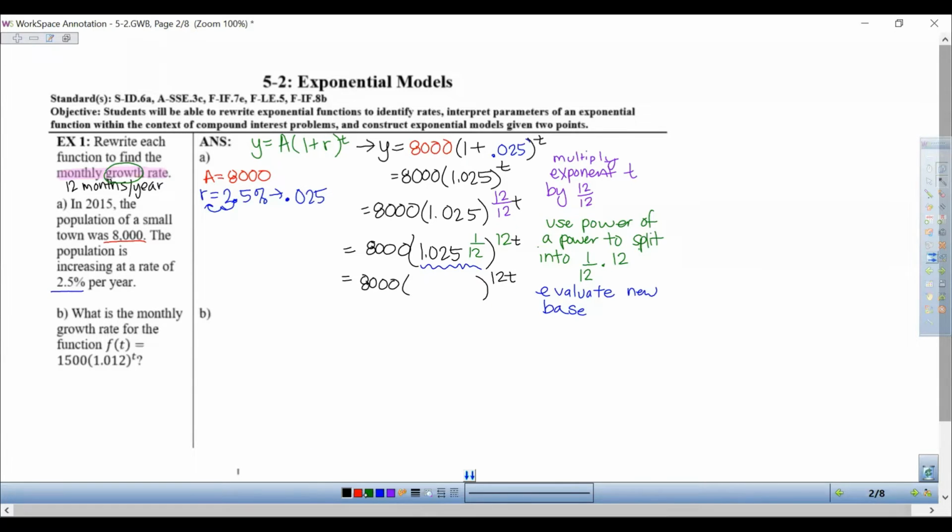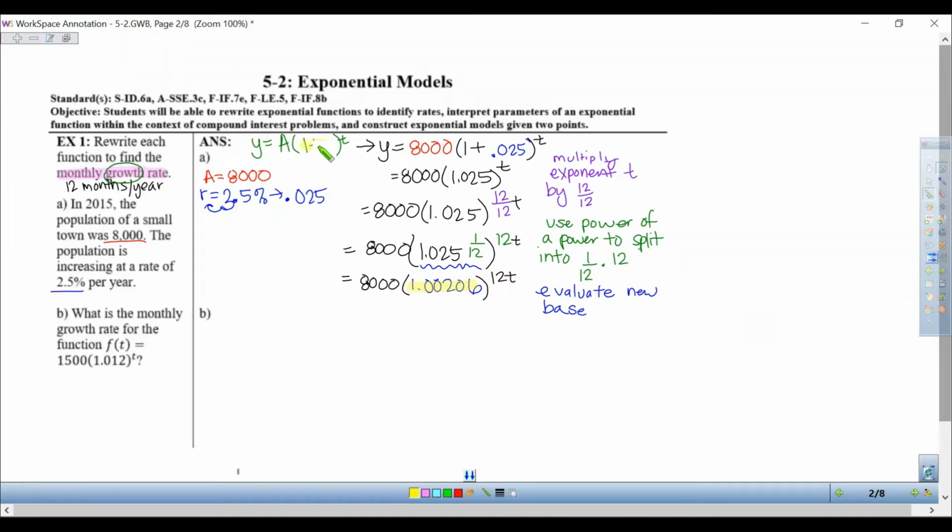So 1.025 raised to the 1/12th power is going to give me 1.00206 as my base. Okay, so now I have this simplified equation. So this, when I plug in the number of years, will be an exponent of how many months. And so I'm going to use this to find my growth rate.